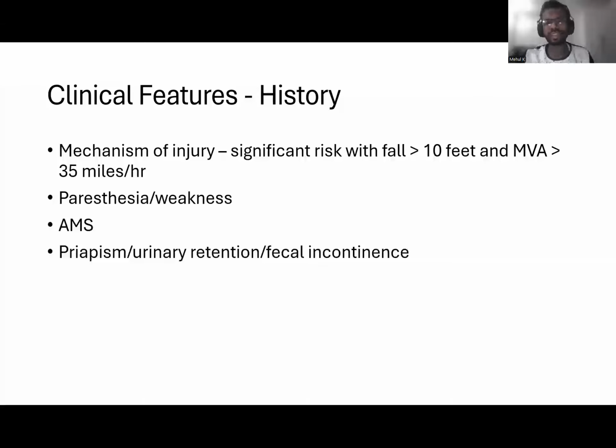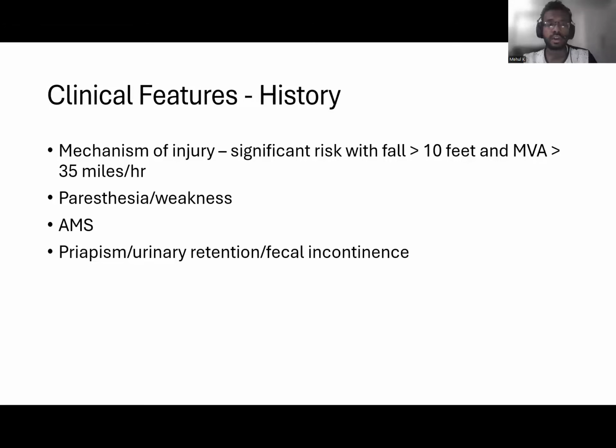Different sources give different speeds, so this can be a little bit difficult to follow in practical terms. Some say 35 miles per hour, some say something else, but basically a high speed motor vehicle accident is always going to be a dangerous mechanism.